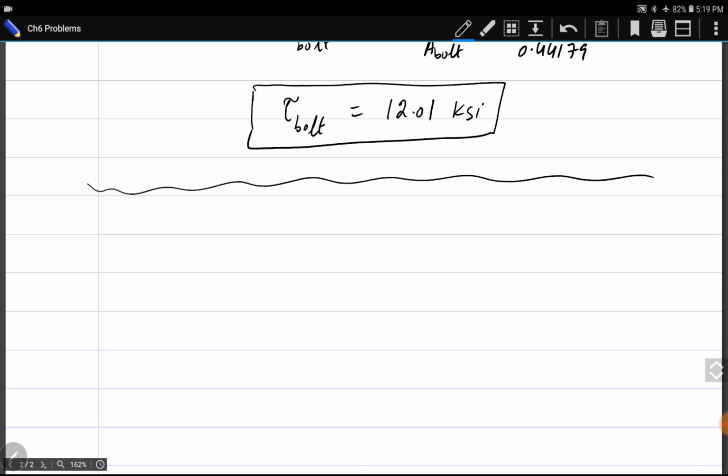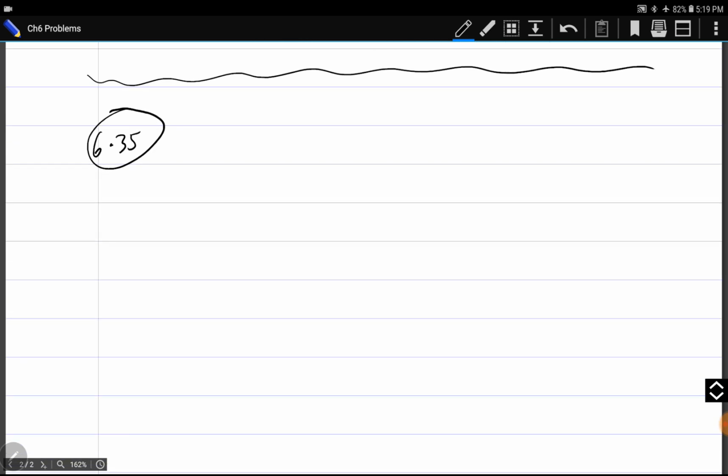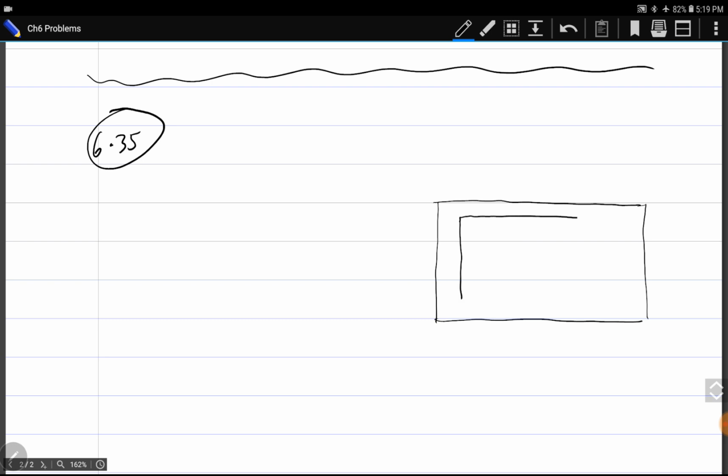Problem 6.35. The box section is like this. Point B lies here and point A lies here.